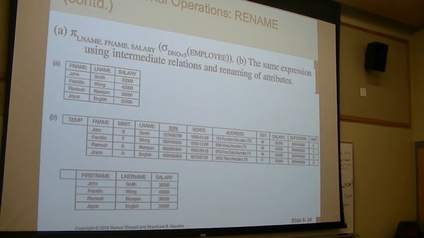So what's the meaning of this one? Retrieve the employees who are in department number 5. But not just retrieve all employees: retrieve the last name, first name, and salary of employees who work for department number 5. That's a kind of translation. From this relational algebra expression, you are able to understand the meaning.